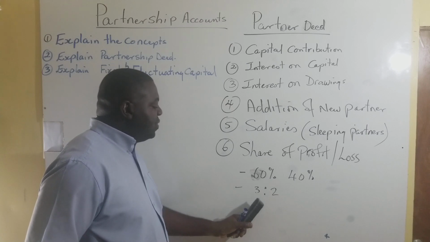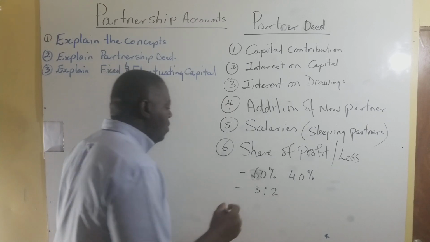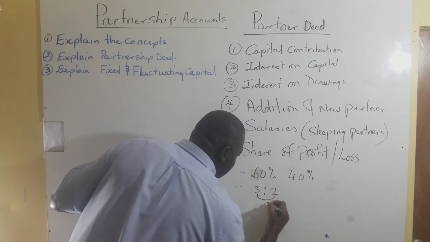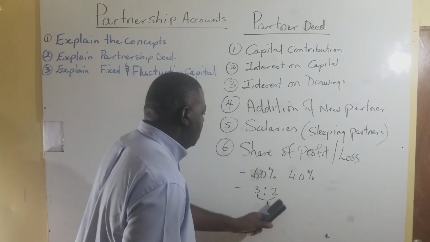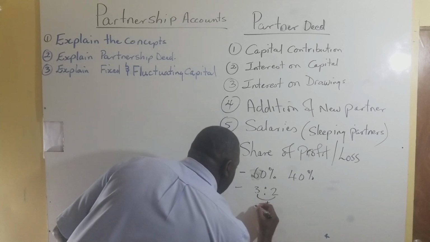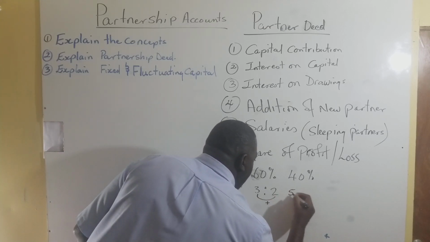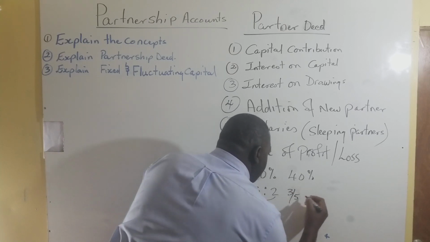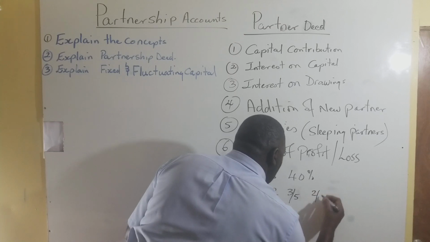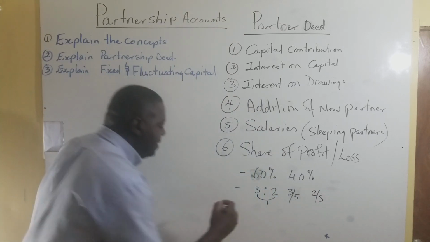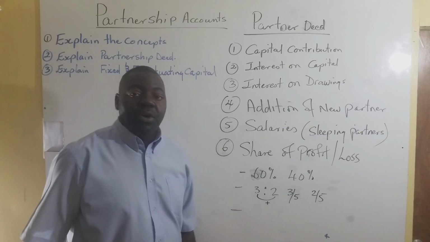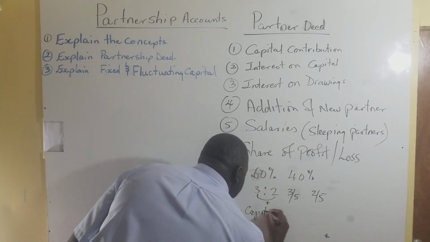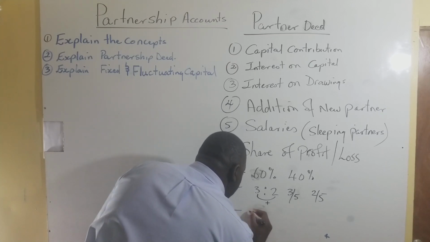In order to do this, you add the sum, which is going to be 5. So for each it will be 3 over 5, and the other is going to be 2 over 5. All right? And the third idea in sharing the profit is based on the capital, based on the capital ratio.